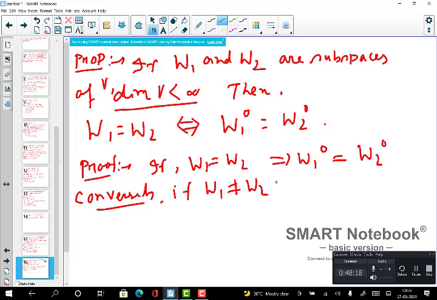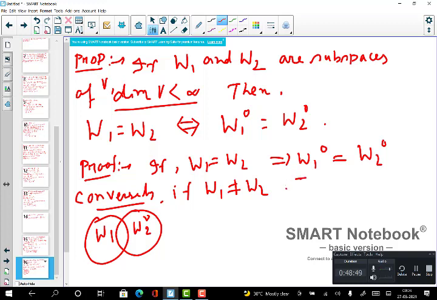Then we will show that the annihilator of W1 is not equal to the annihilator of W2. Or rather, you can prove it the other way also. So if W1 is not equal to W2, then what happens? There will be a vector v which belongs to one set and not the other set, right? If they are not equal, there might be some vector v which is sitting inside.